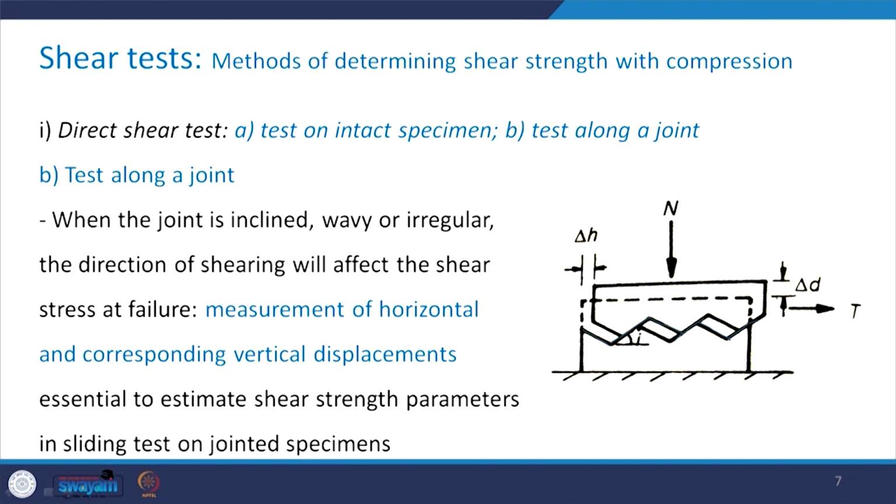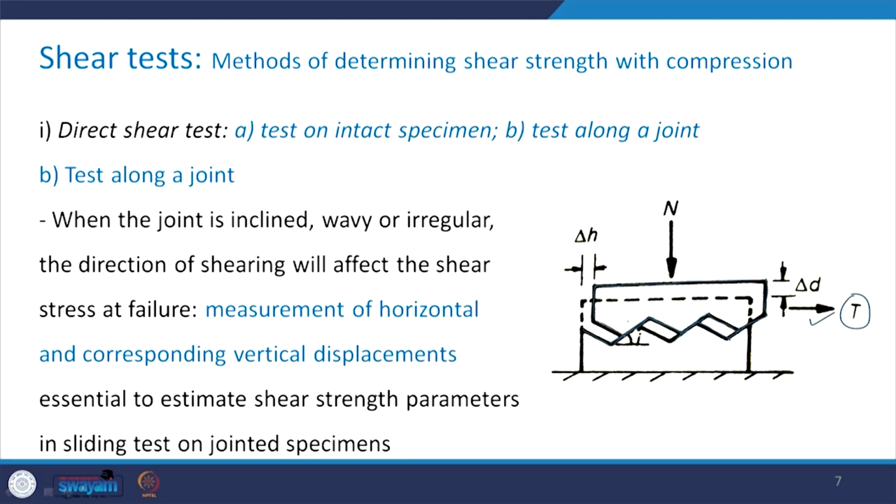So, you see here again the shear force is being applied from left to right, and because of the wavy nature of this jointed surface, when this force is applied, it will try to slide like this. This is going to be the new position of this upper block.